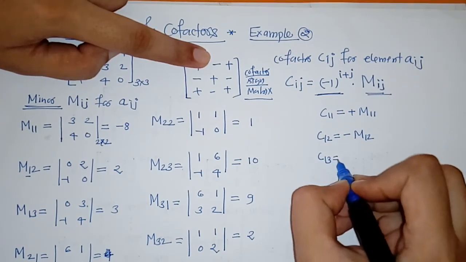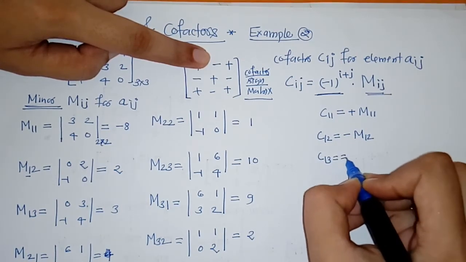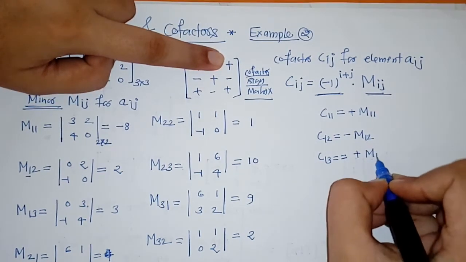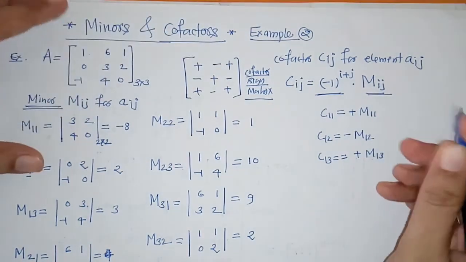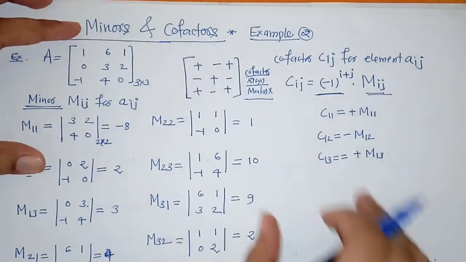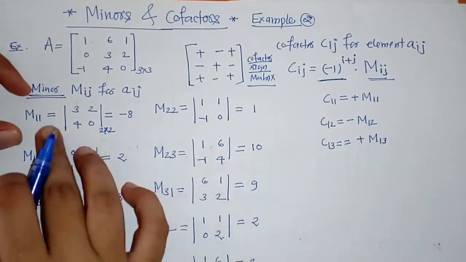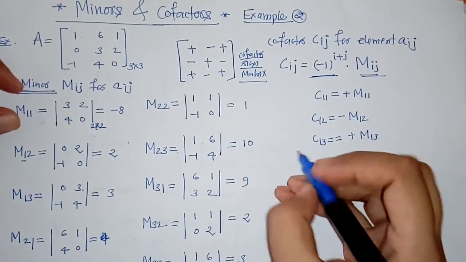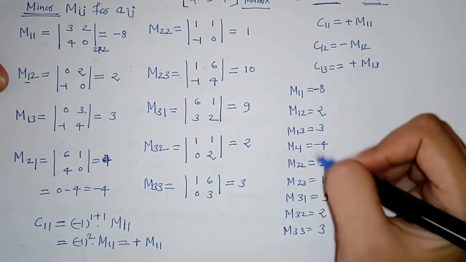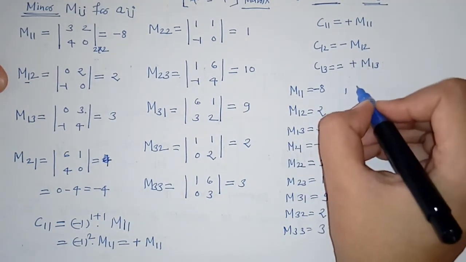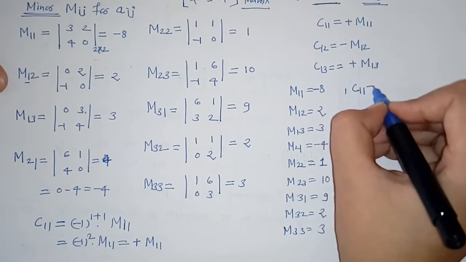C13 is equal to plus of the A13 minor. In this way we will write down all these relations. First we will write all these minors, and from these we will directly write down all the cofactors.